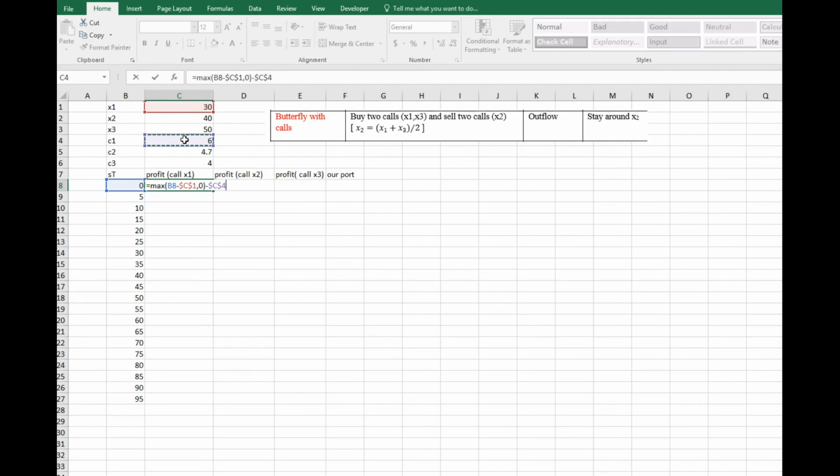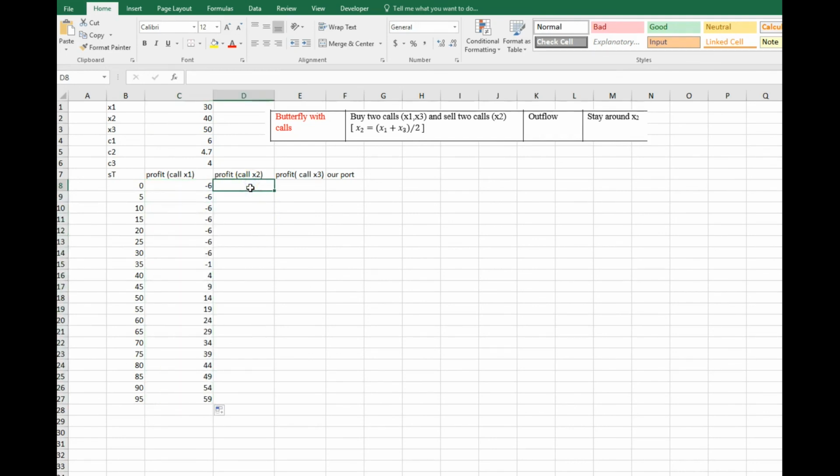So hit F4 to lock the cell. Similarly, this is max terminal stock price minus X2, F4, 0, minus C2. Hit F4 again.